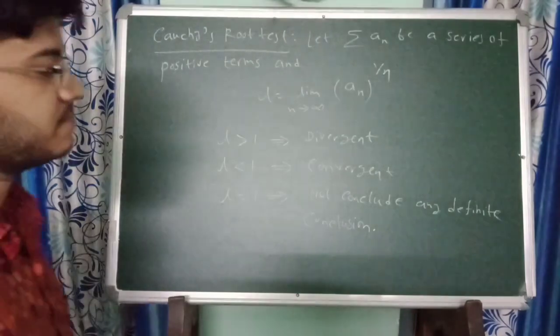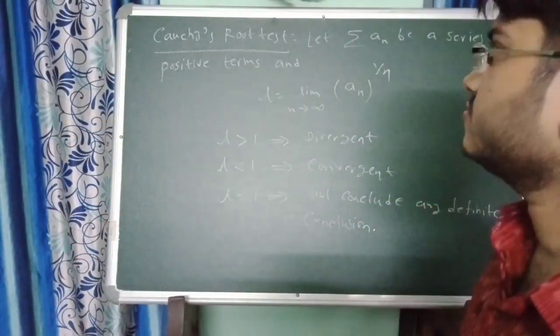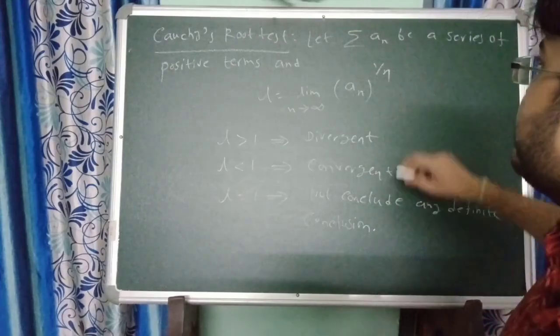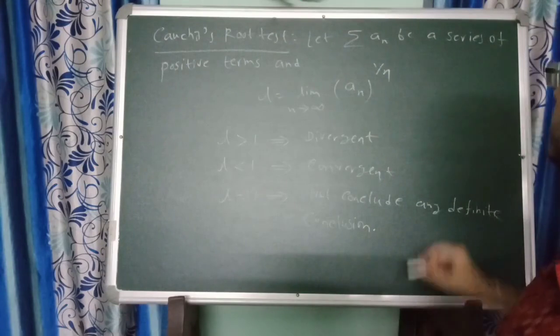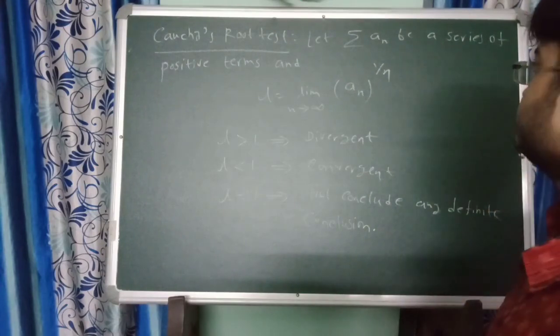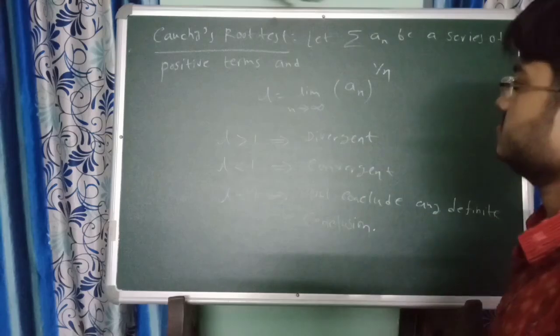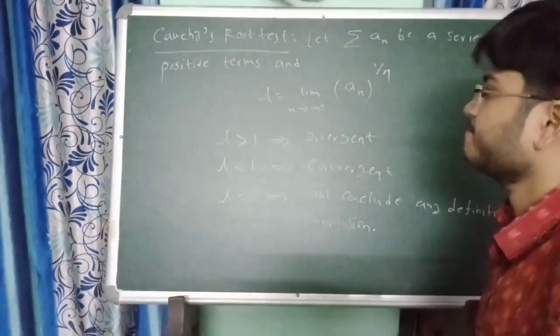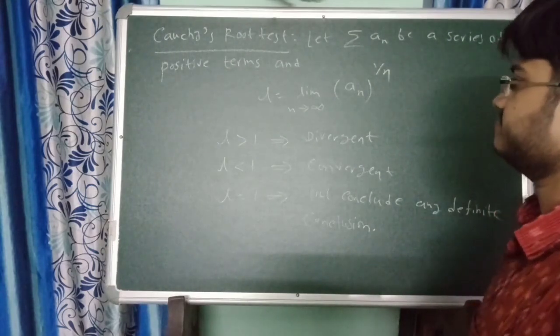Next we consider another test, which is Cauchy's root test. Consider the series of positive terms u_n and assume L equals limit n tending to infinity u_n to the power 1 by n.